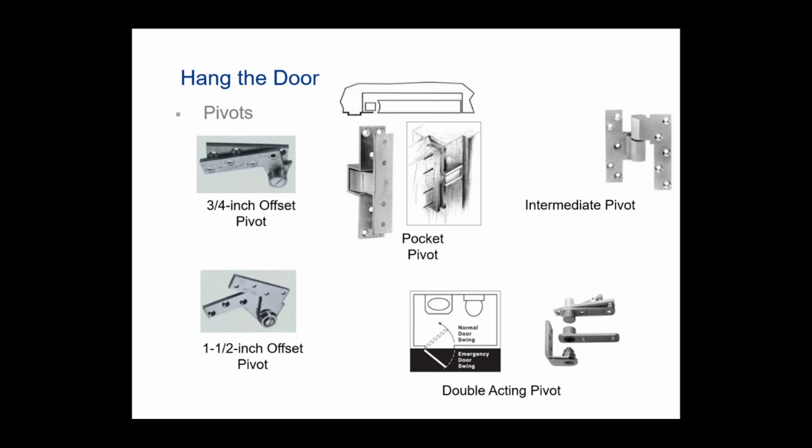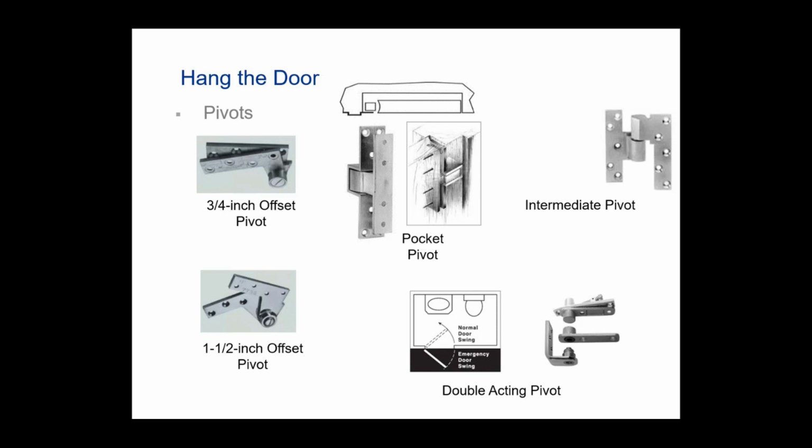And we can talk about that here in just a second. I believe there's a slide that will show a double acting butt hinge, such as one from Bommer or companies of the like, or even Stanley. But a double acting pivot is one of the most common applications that you'll see.